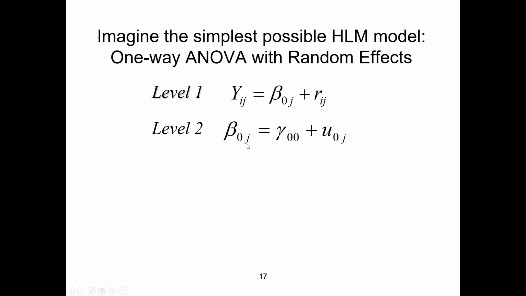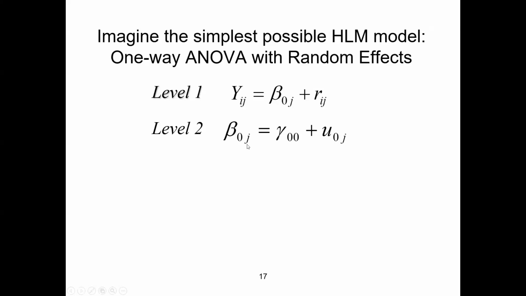So a school's true mean, beta sub not j, is a function of the overall mean plus the deviation of the school from that overall mean. We've broken things into 3 pieces. There's an overall mean: on average, this is where people are.